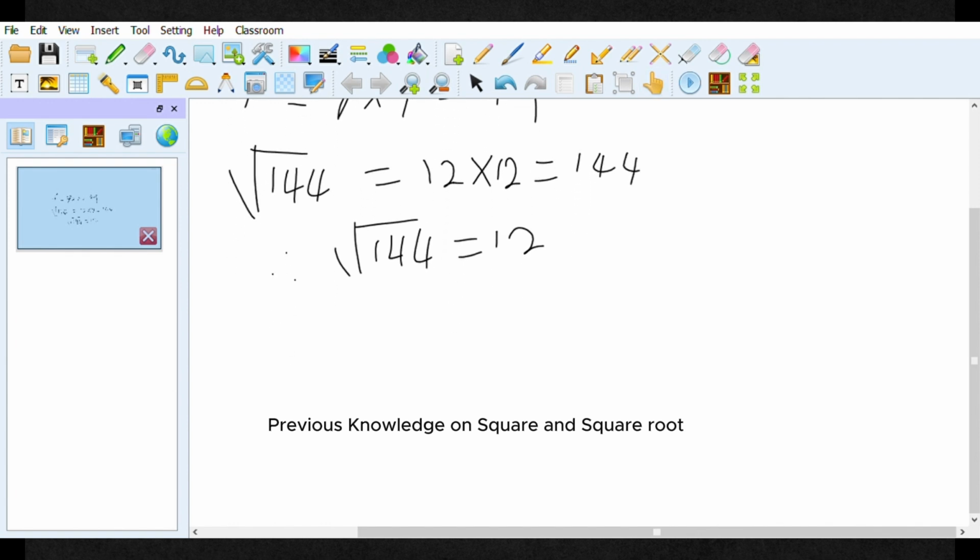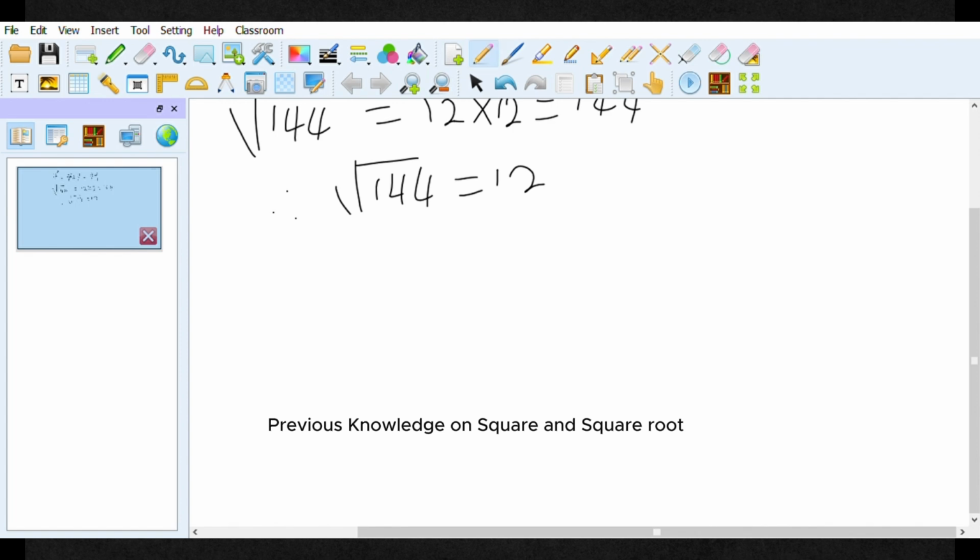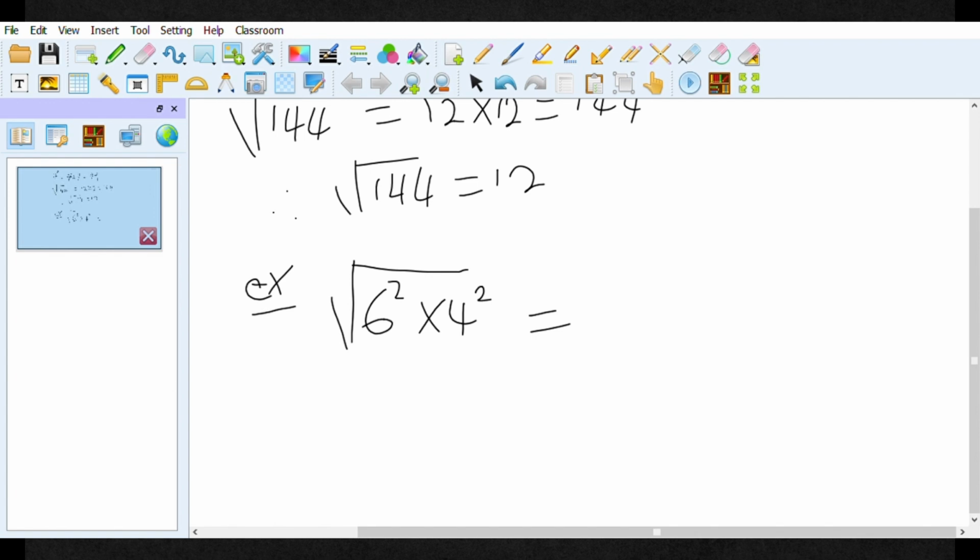Let's take this example. This example says calculate the square root of 6 squared times 4 squared. Okay, so we're going to write out the square roots and the squares.